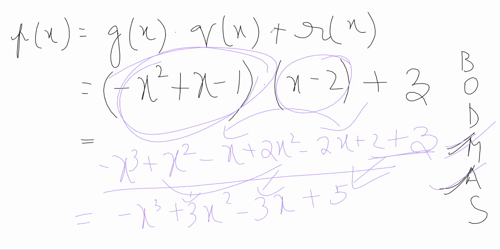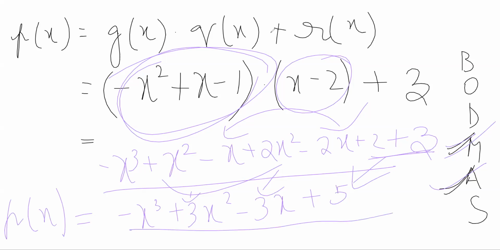So after multiplying, what have you got? After multiplying g of x into q of x plus r of x, you have got p of x. Now verify.